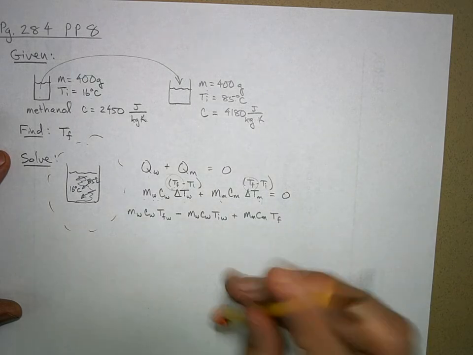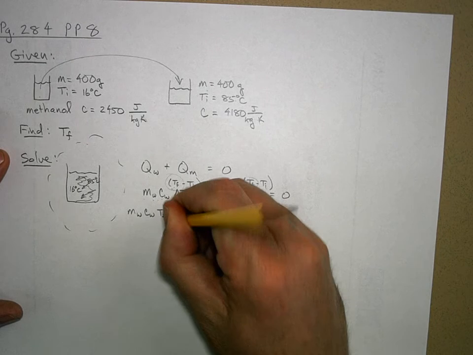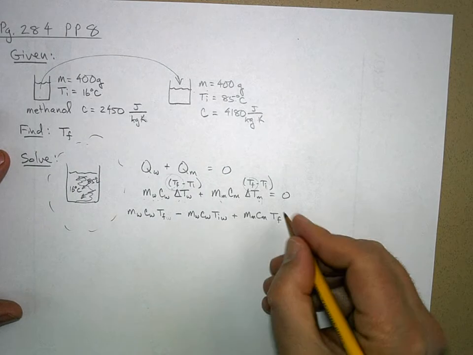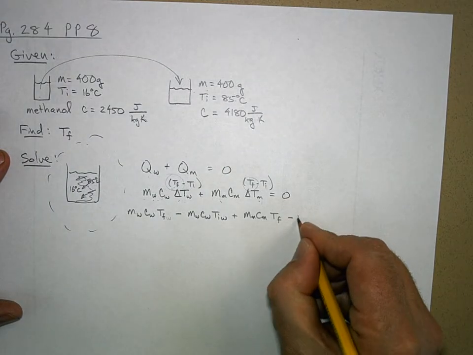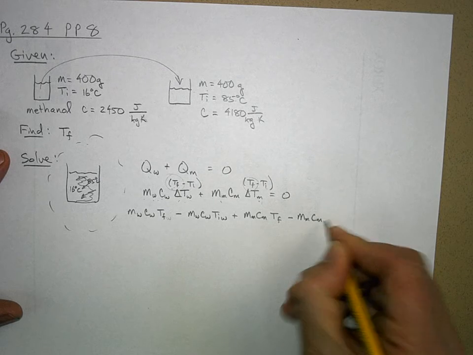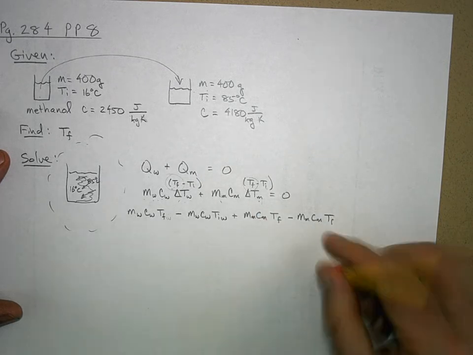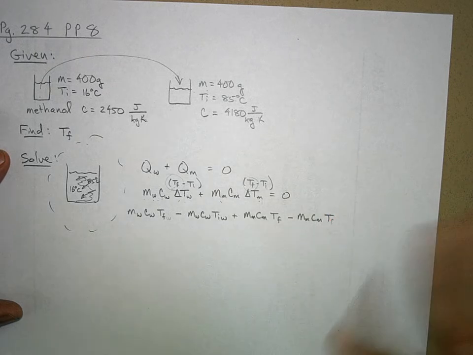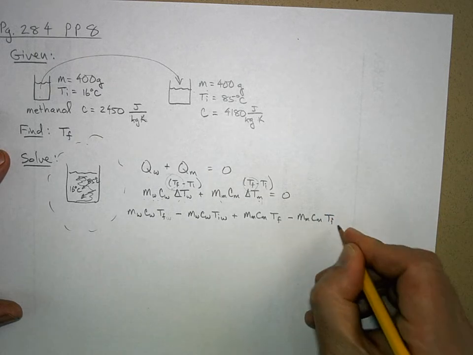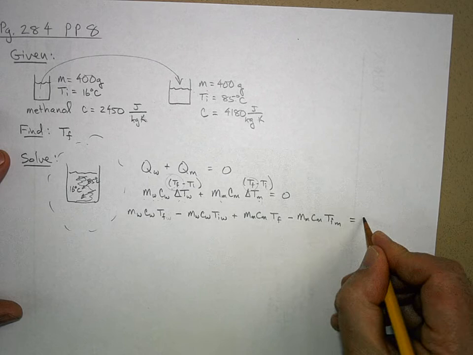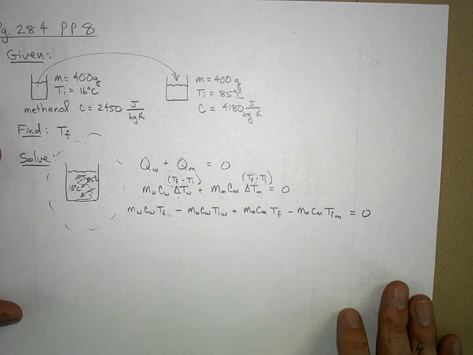And you know what? I don't need the subscript there, do I? Because they're at the same final temperature. Minus T initial for the methanol. And that's all going to be equal to 0.